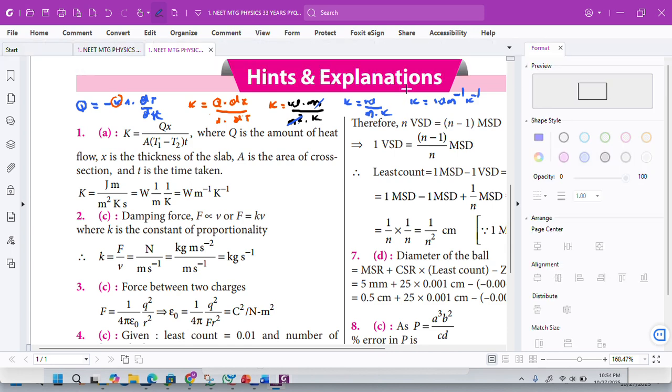This is my final answer: the unit for thermal conductivity is watt per meter Kelvin, or watt meter to the power of -1 K to the power of -1.